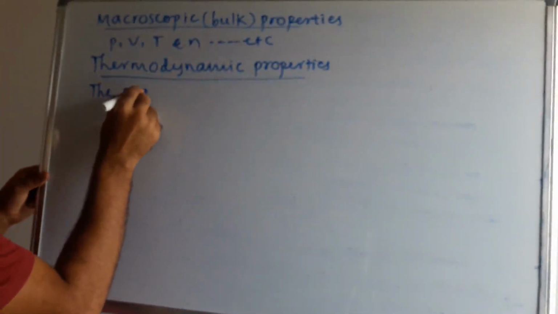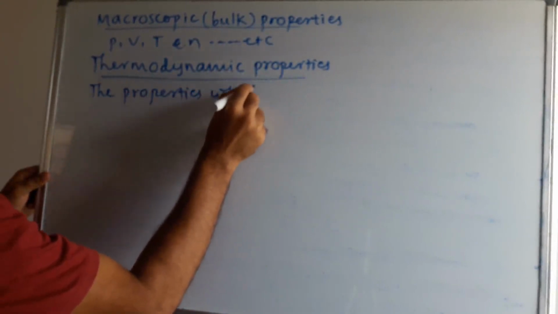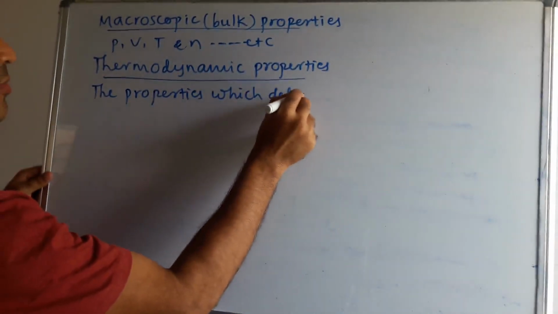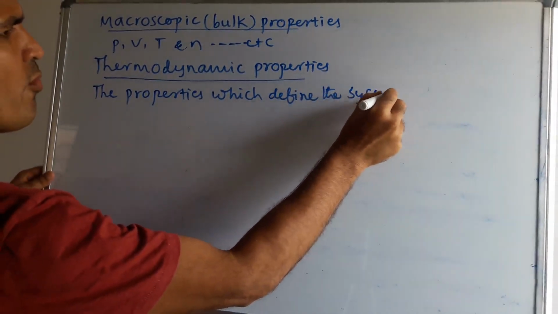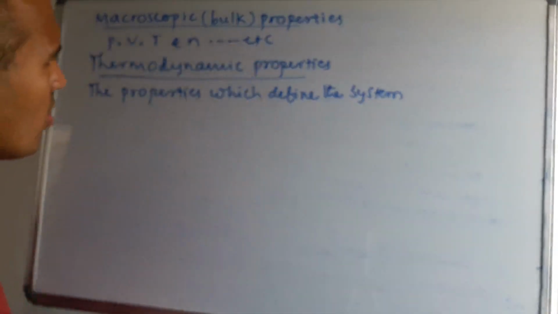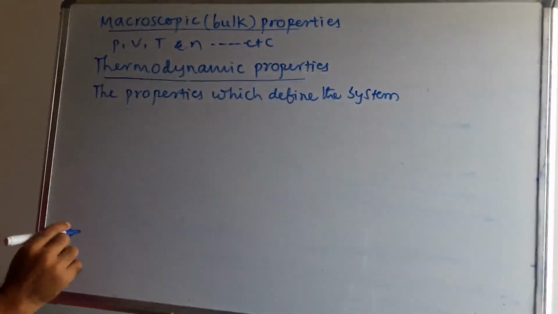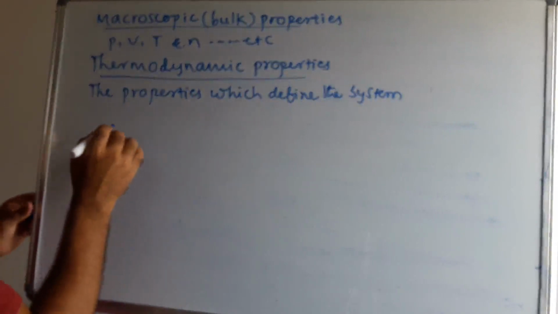The properties which define the system are called thermodynamic properties. So these are also called thermodynamic properties. Now these thermodynamic properties are of two types.